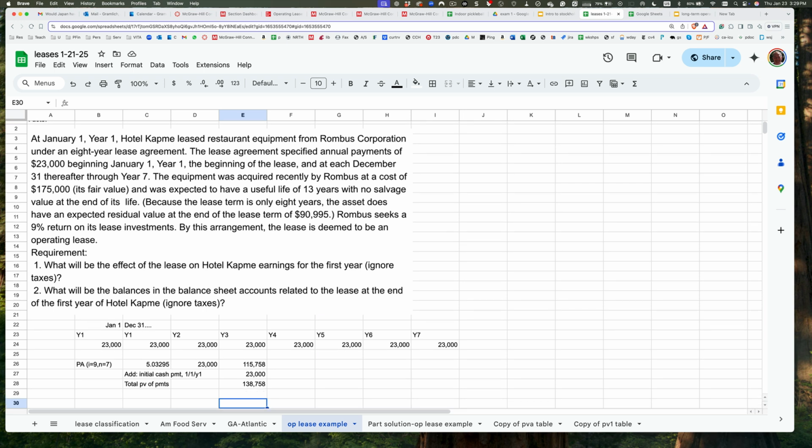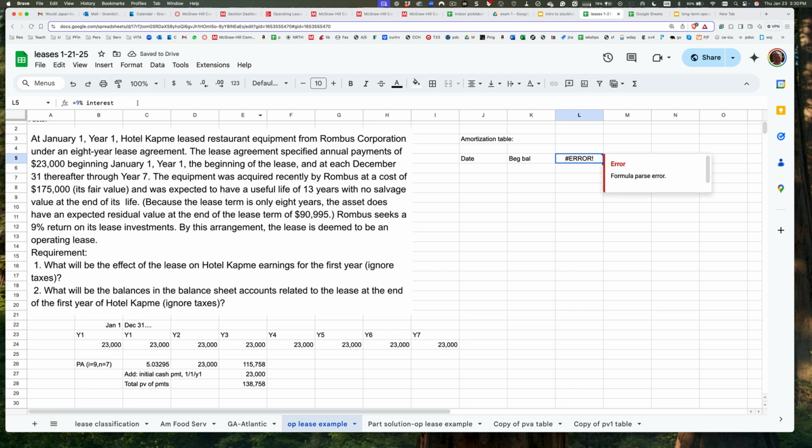And then the second step is we're going to record these transactions, but we're going to need an amortization table. We're going to start out with date and the beginning balance plus 9% interest.